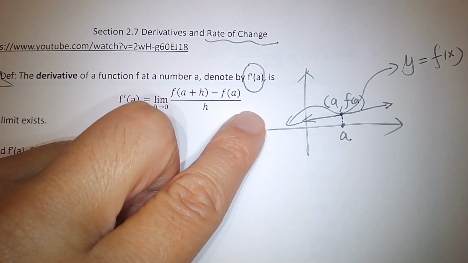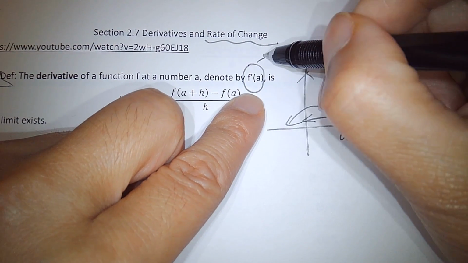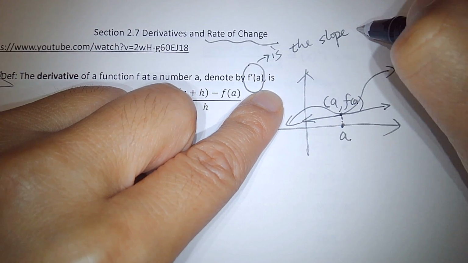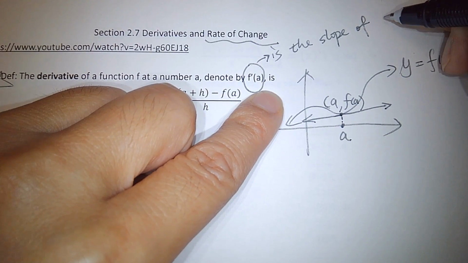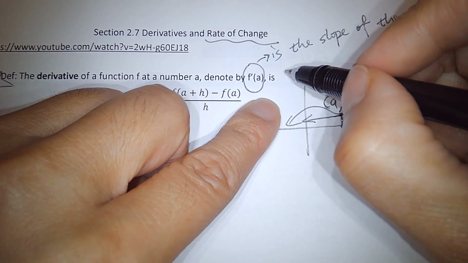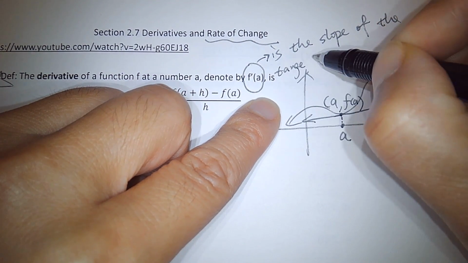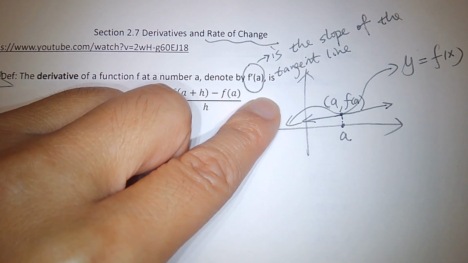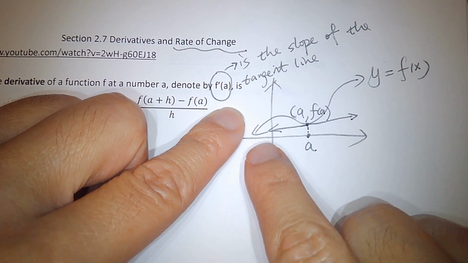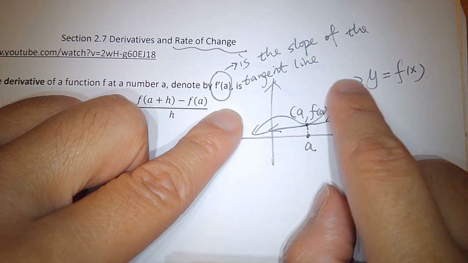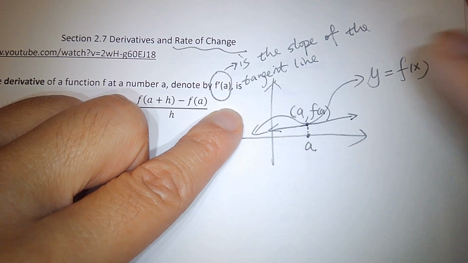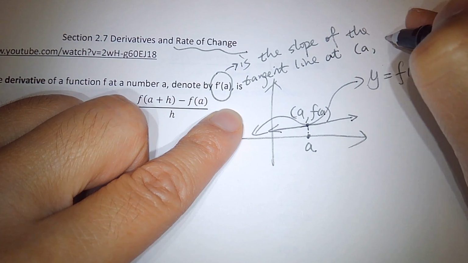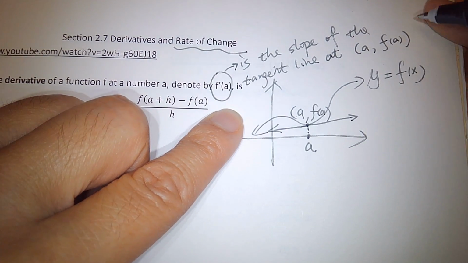So f prime of a is the slope of the tangent line, which is tangent to the function y equals f of x at this point a, f of a.